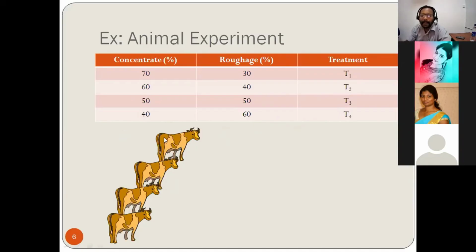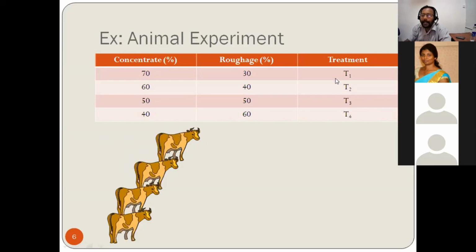Do you think Frisian gives the same milk yield as Ayrshire? No, sir. Breed itself has some effect on milk yield, a genetic difference. Sahiwal has a different milk yield than the Frisian, for example. So some genetic difference is already there.